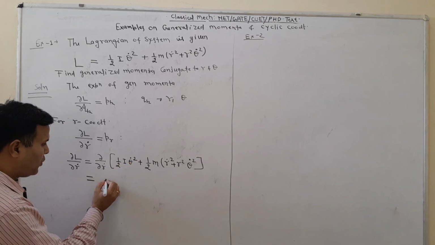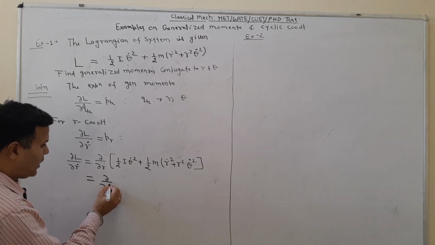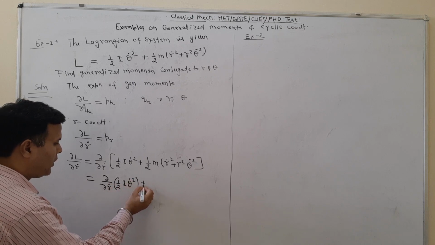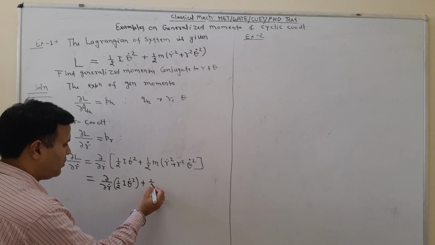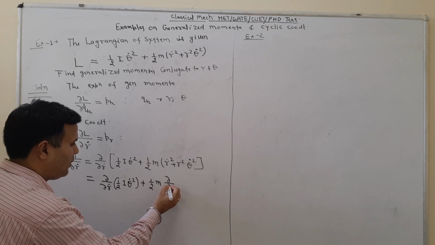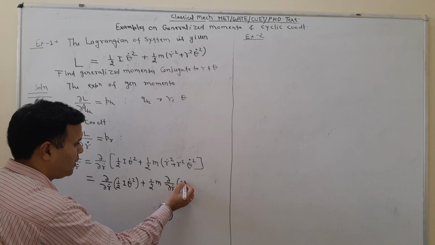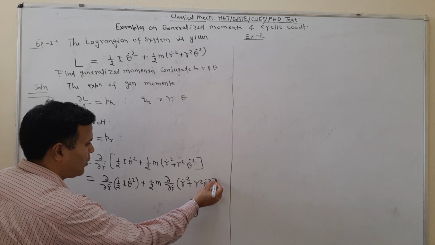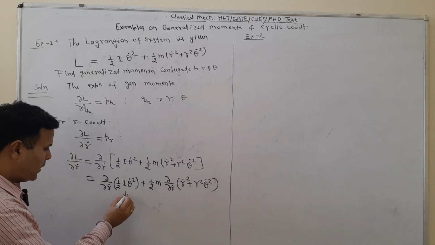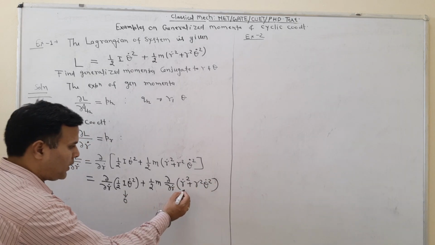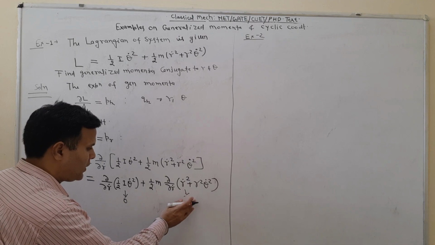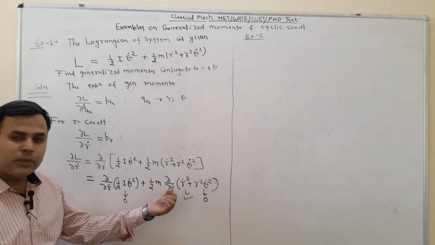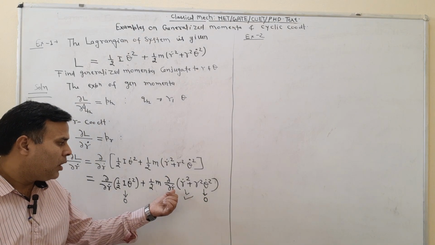Let me write one more step. Del by del r dot of 1 by 2 I theta dot square plus 1 by 2 m del by del r dot of (r dot square plus r square theta dot square). So this will give 0, this will give something which is not 0, and this will give again 0, because we are differentiating partially with respect to r dot.